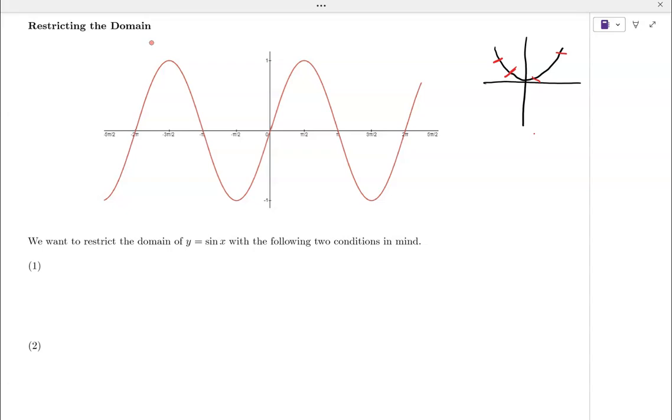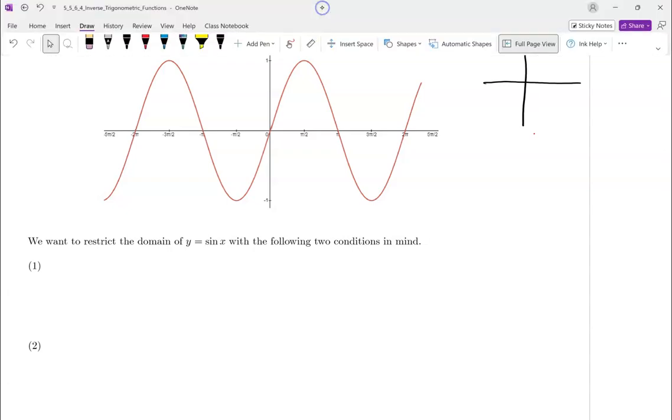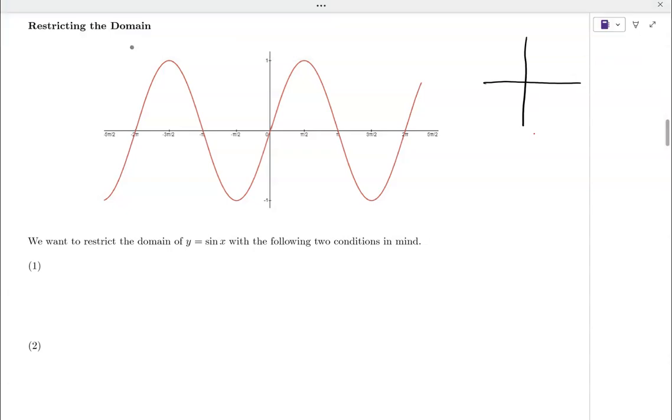I want to restrict it not to a small interval, but I want to make my restriction work so that I take up the entire range, right? I want to take up the entire range because I want to change my outputs to inputs. I want to be able to undo as much as possible, right?